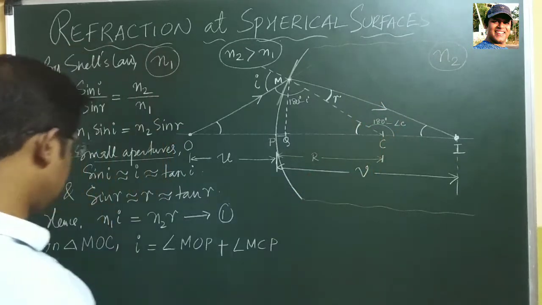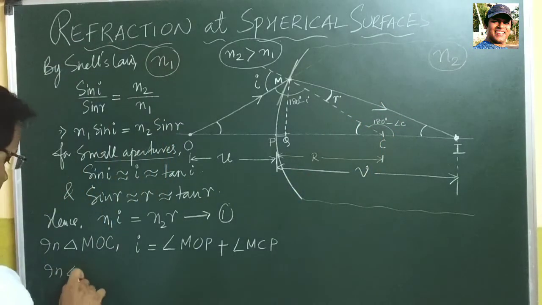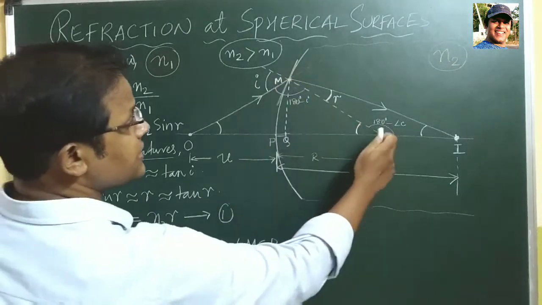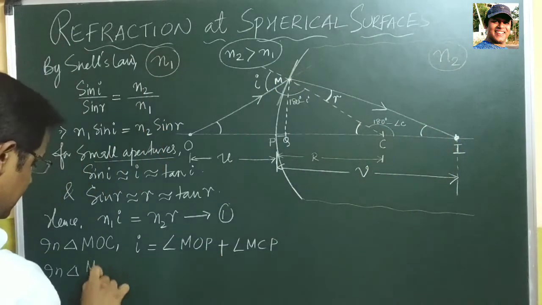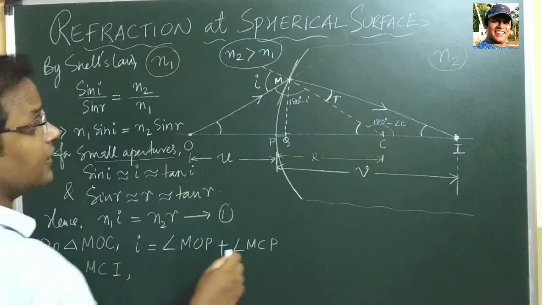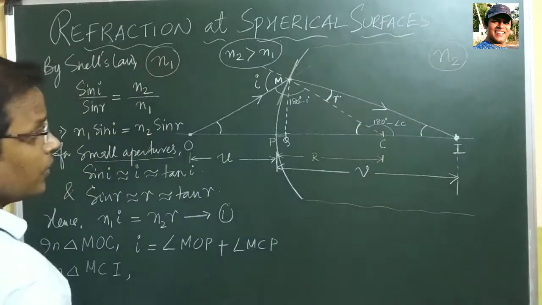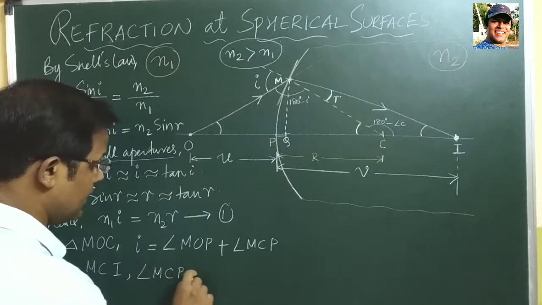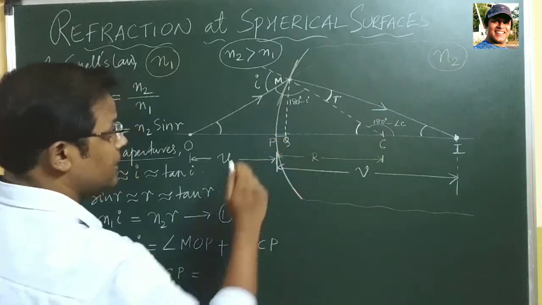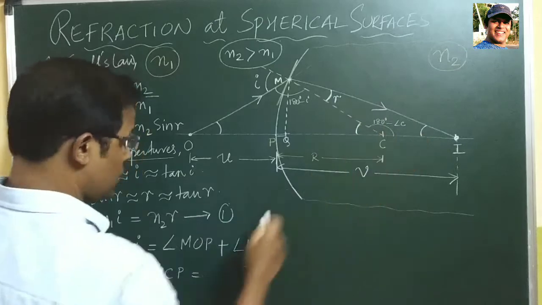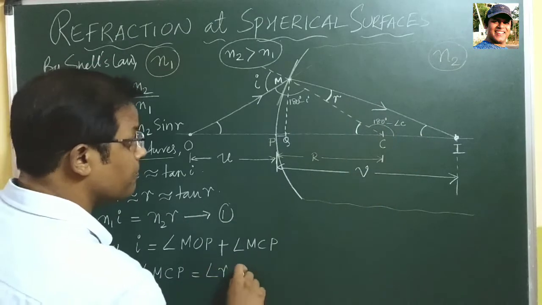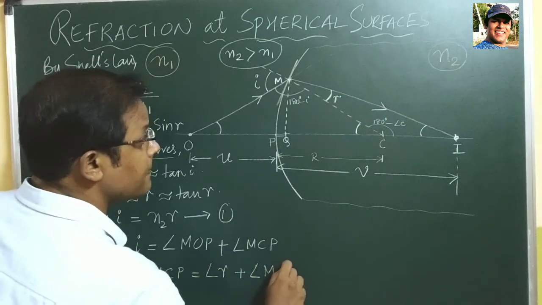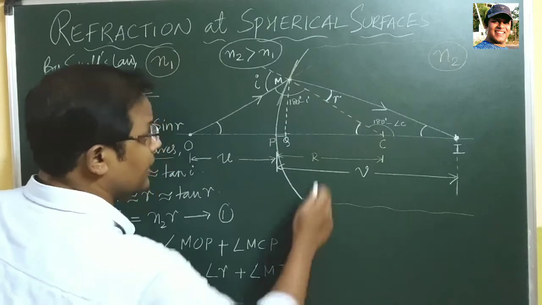So hence you will find in triangle MCI, you'll find that angle MCP should be equal to angle R plus angle MIP.